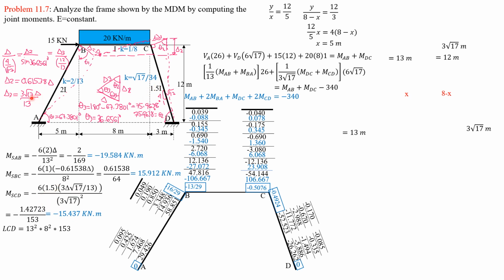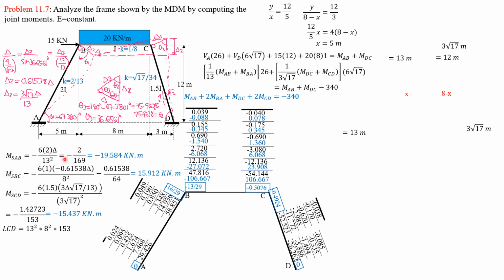The delta 3 is 3 square root of 17 over 13, divided by the length of this member, which is 3 square root of 17 quantity square. Simplifying, leaving 3 or 9 times 17, which is 153. The value in the numerator is negative 1.42723. So therefore, the LCD is 13 square for AB, 8 square or 64 for BC, and 153 for CD.